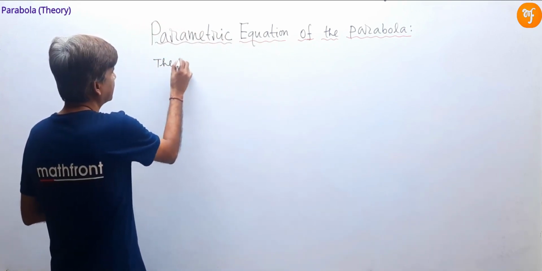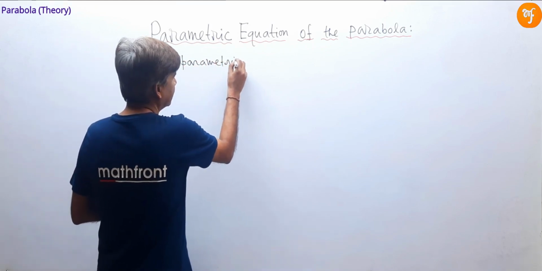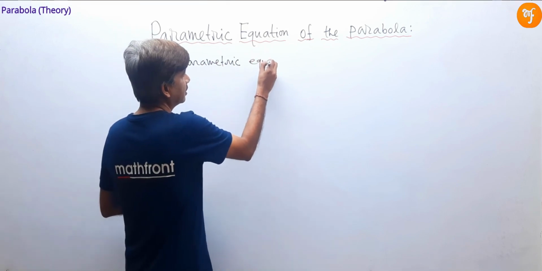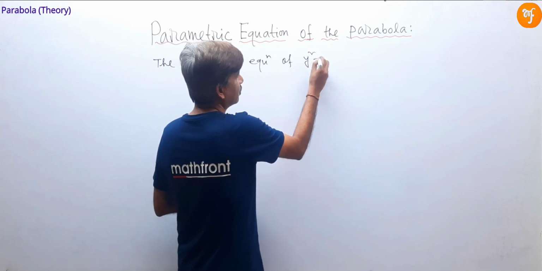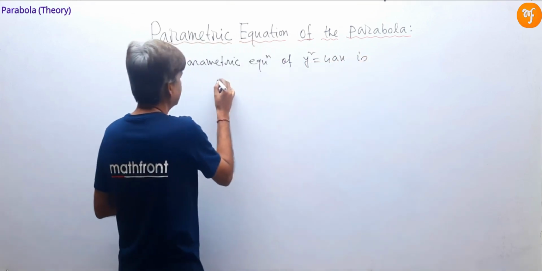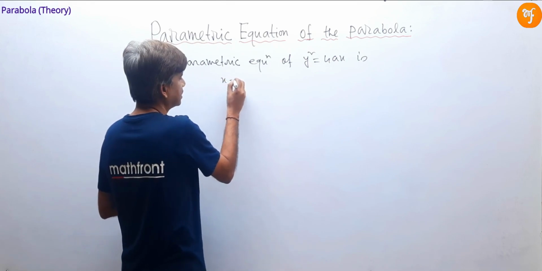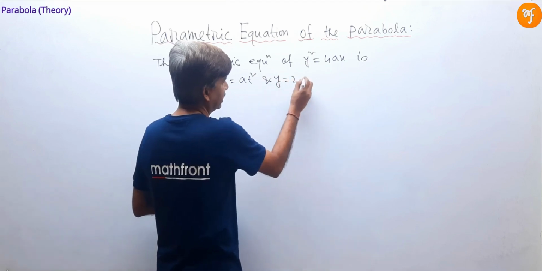So look, the parametric equation of the parabola y square is equal to 4ax is x is equal to at square and y is equal to 2at.